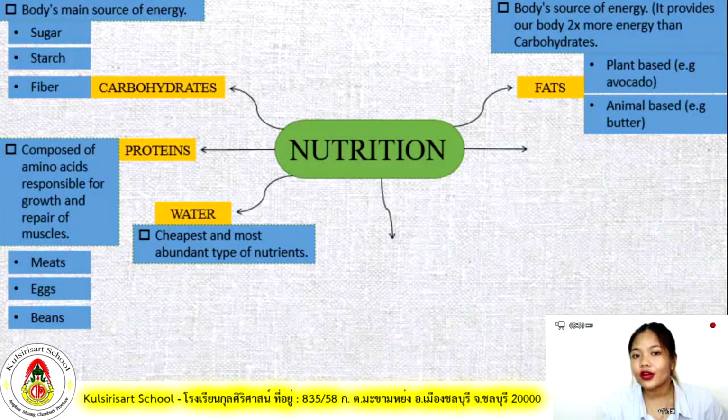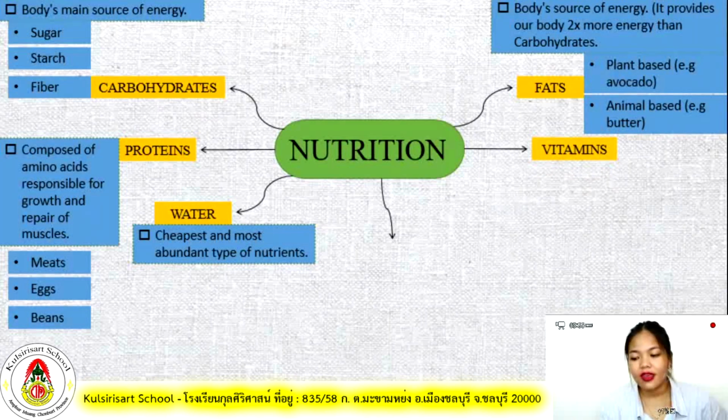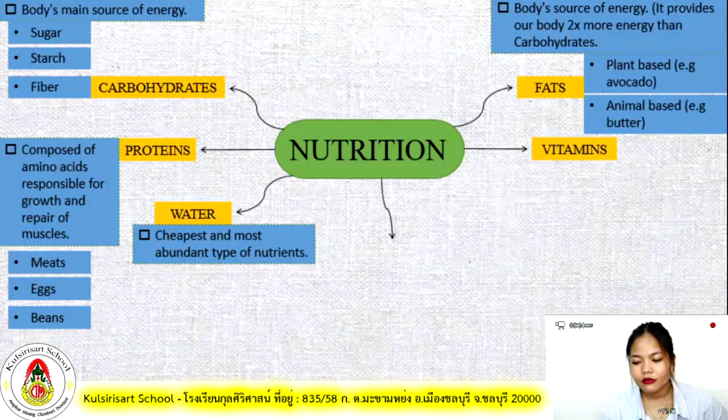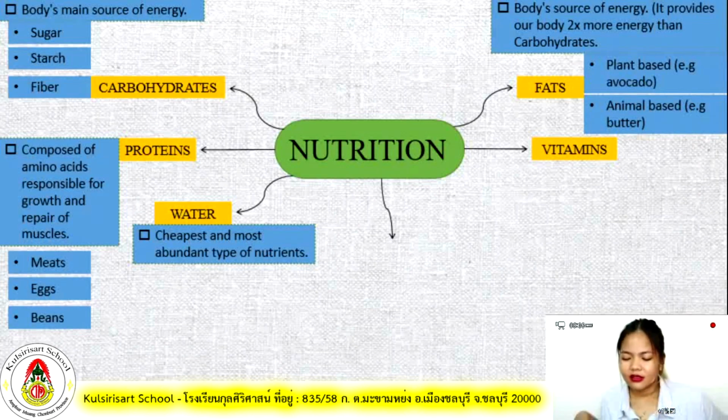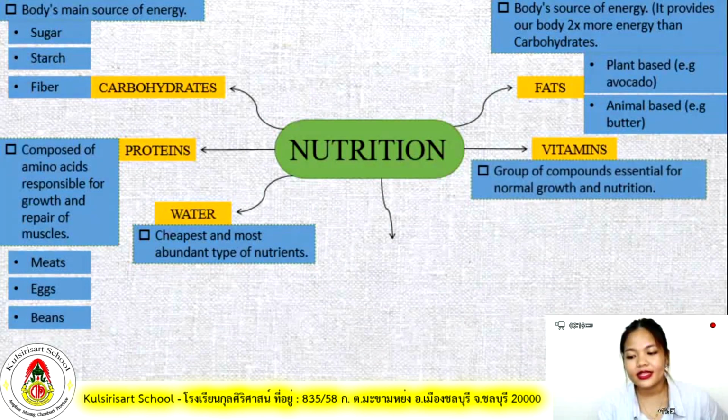The next type of nutrient that we discussed is vitamins. Vitamins are a group of compounds essential for normal growth and nutrition.